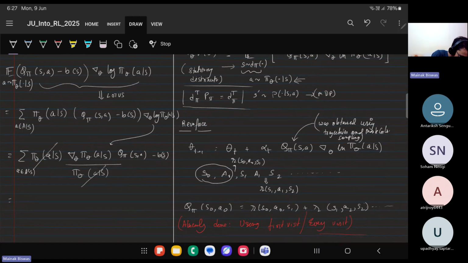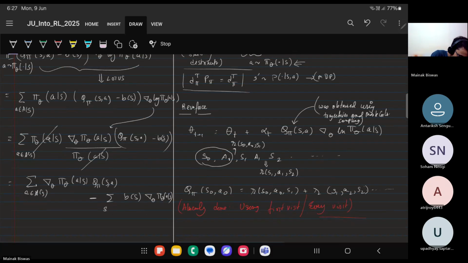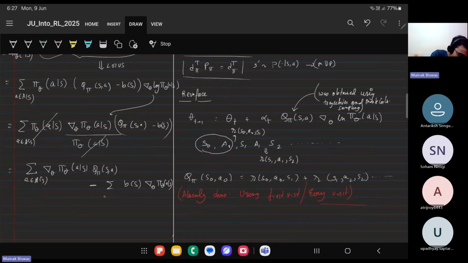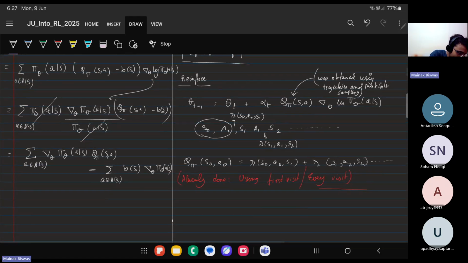This is equal to summation of gradient of pi theta of A given S, q pi of S given A, over actions in S, and you have summation of B of S, gradient of pi theta of A given S, again A in S.